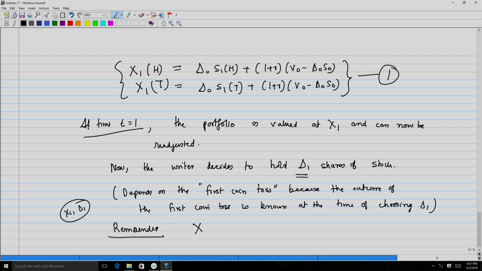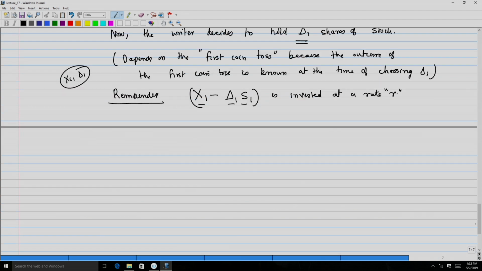The remainder is going to be, you had an amount of x 1 which is of course dependent on head or tail, and you have invested delta 1 into S 1 in the shares, and the remaining amount, which is x 1 minus delta 1 S 1, where each of these is going to be dependent on the first coin toss, is invested at a rate small r.